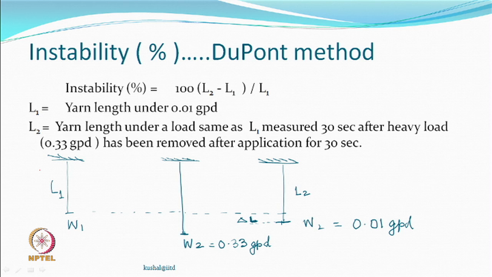So, what do you do? You put a weight, which you can call W1, to measure the length of the yarn, whatever the length of the yarn is, and then you put another load which is heavier. W1 is about 0.01 grams per denier, W2 is 0.33. DuPont somehow decided that this is the kind of load that we will have. So, this is one of the processes, there are other processes also.